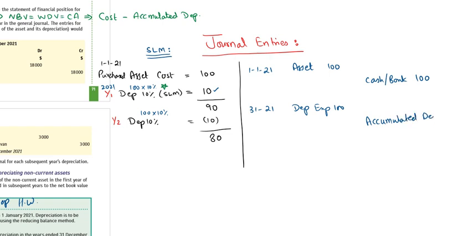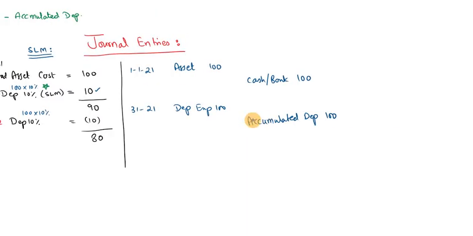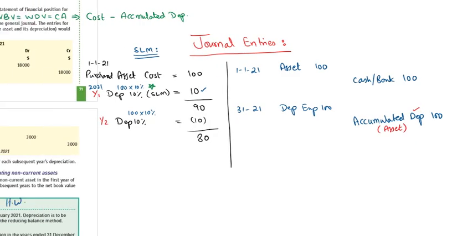If we are not maintaining the accumulated depreciation account, we can write the asset account here, because depreciation expense means decreasing the value of the asset. But normally we use the accumulated depreciation account rather than the original asset account. Okay. So this is the entry of 31st December 2021.